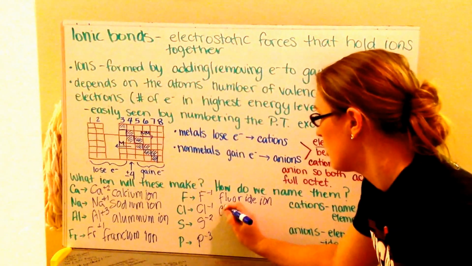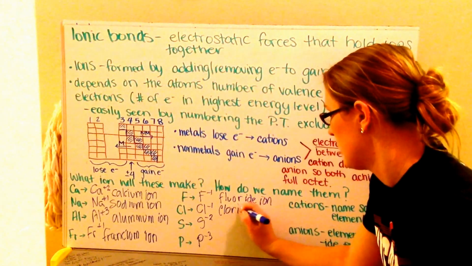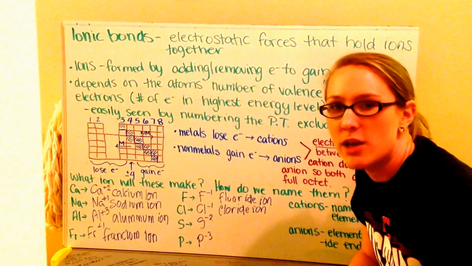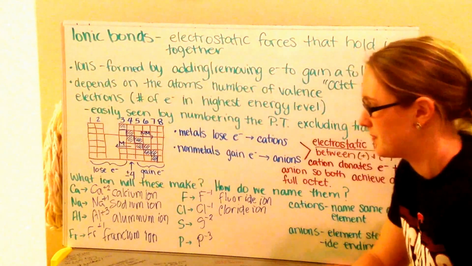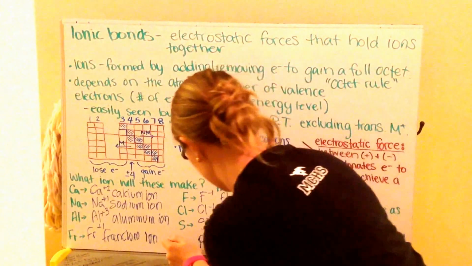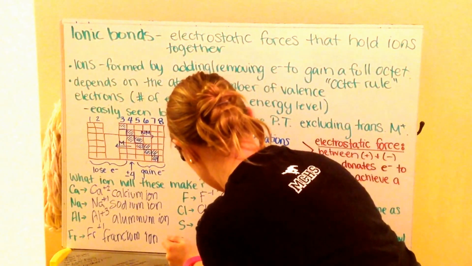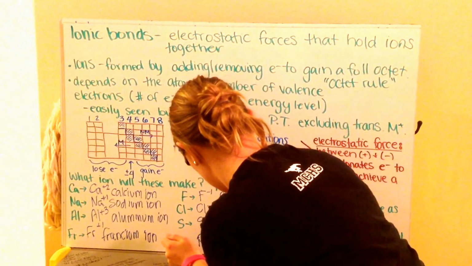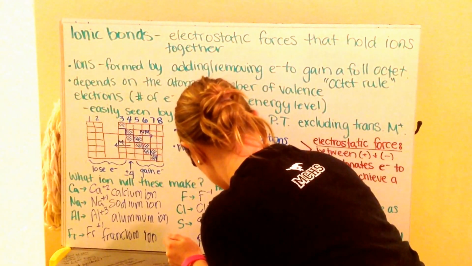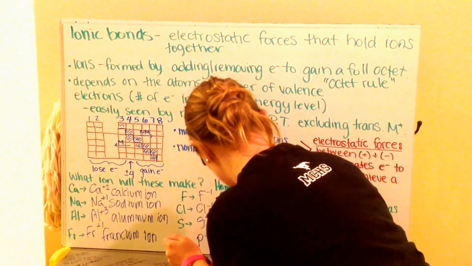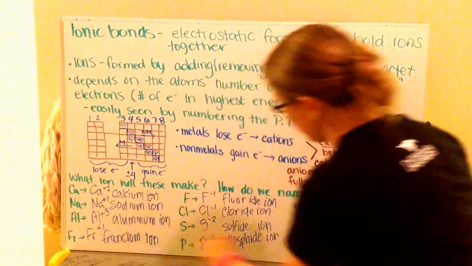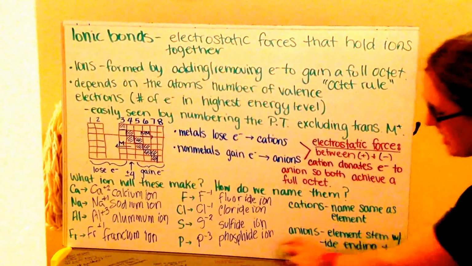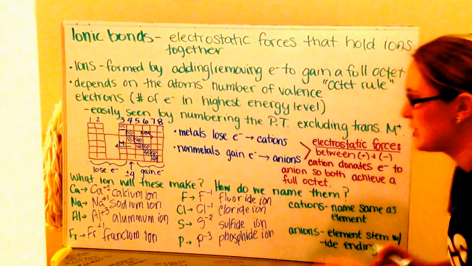So it becomes chloride. Go ahead and try sulfur and phosphorus. You should have got sulfide ions and phosphide ion, not phosphoride, just phosphide.